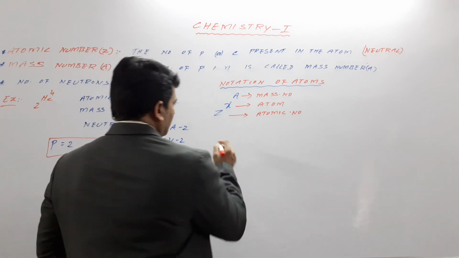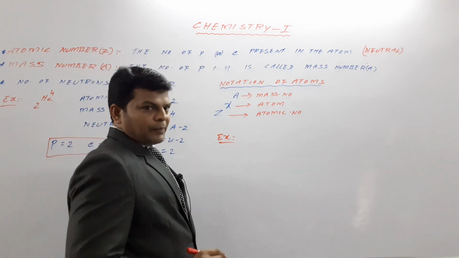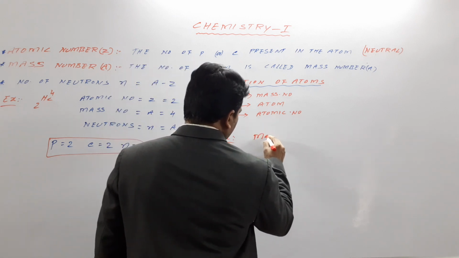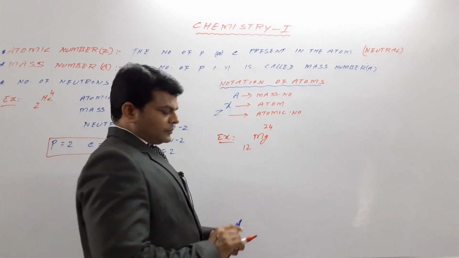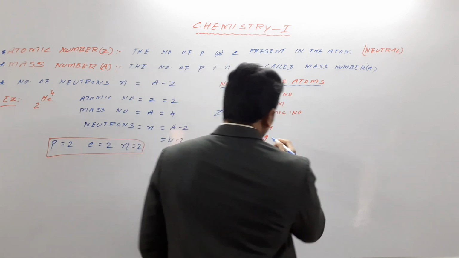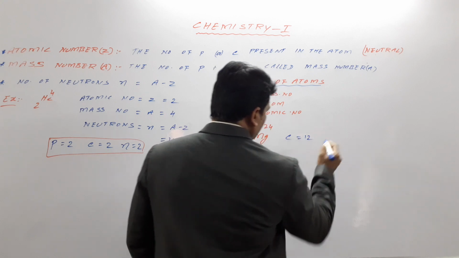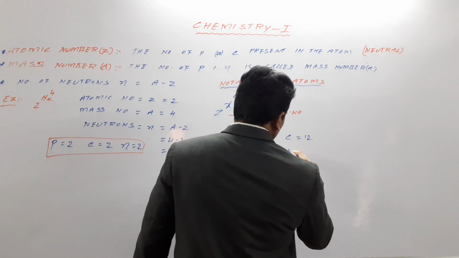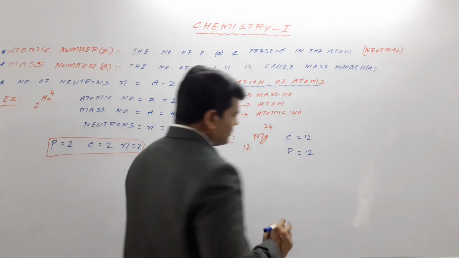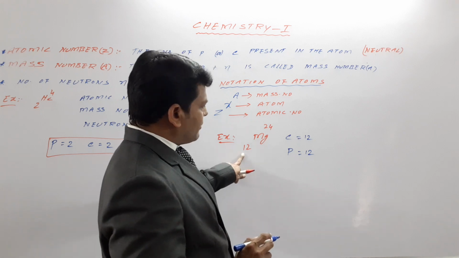One more example I am giving: magnesium, 12Mg24. In this atom, electrons equal 12, because its atomic number is 12. Protons equal 12, because its atomic number is 12.